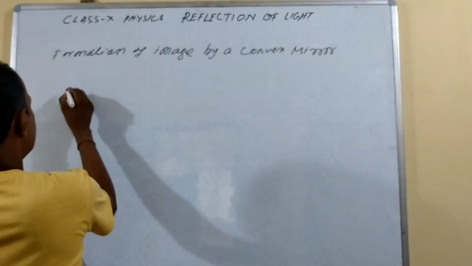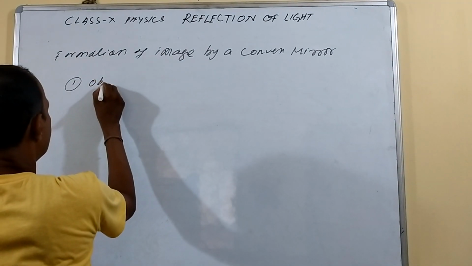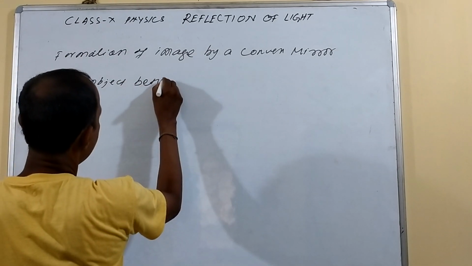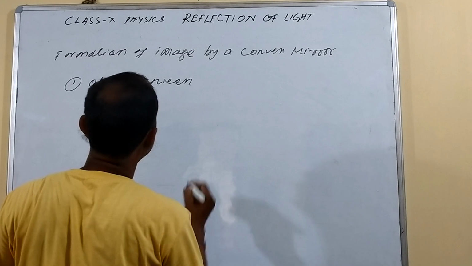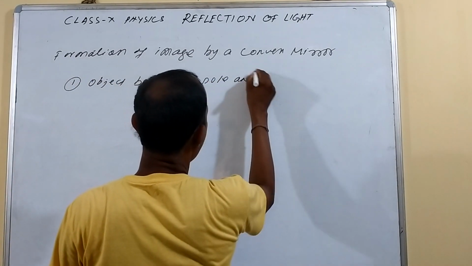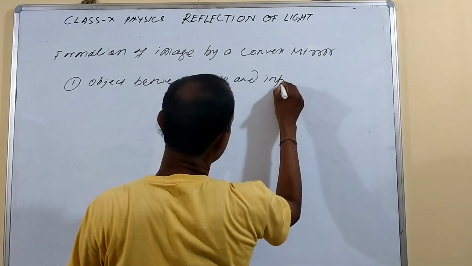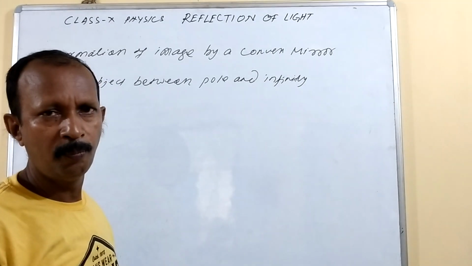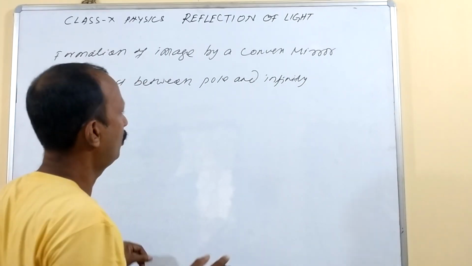So the first point is object between pole and infinity. Now you see that.